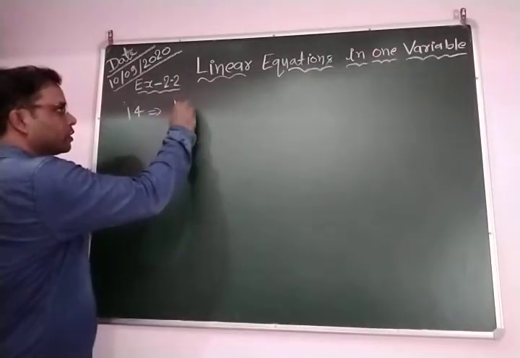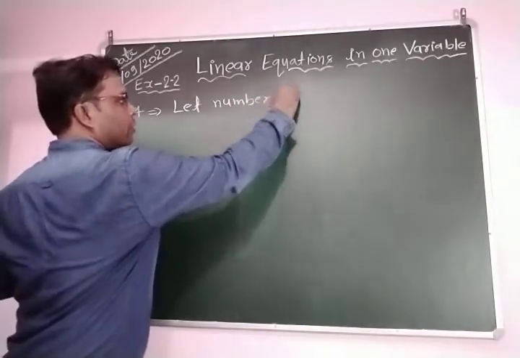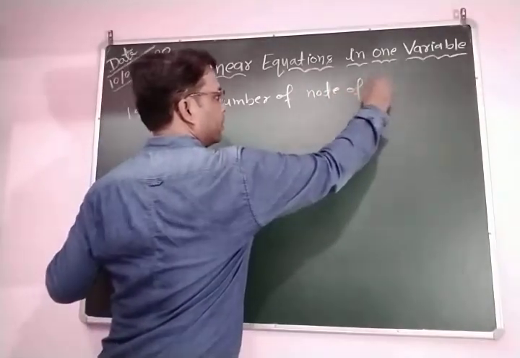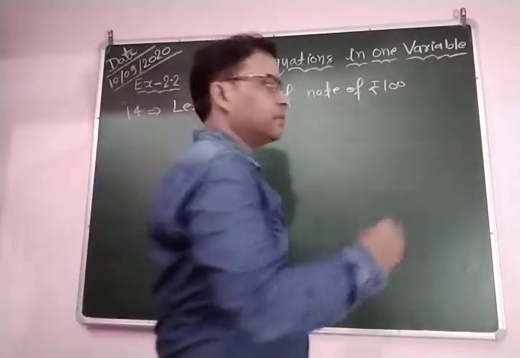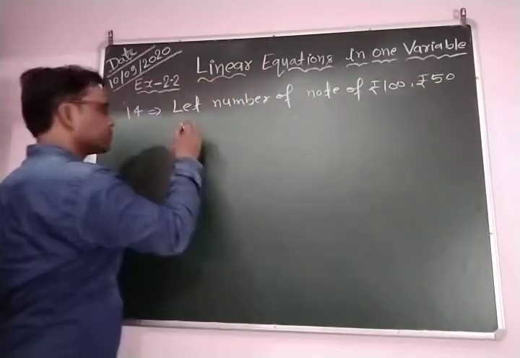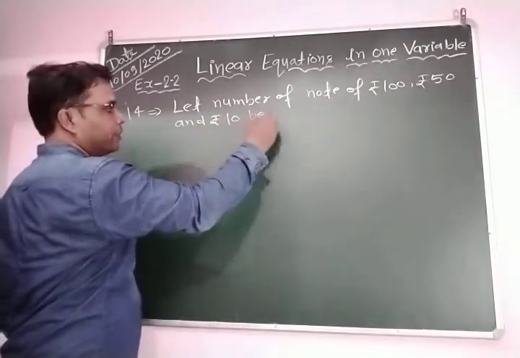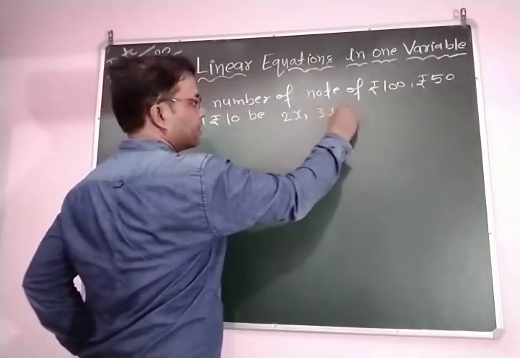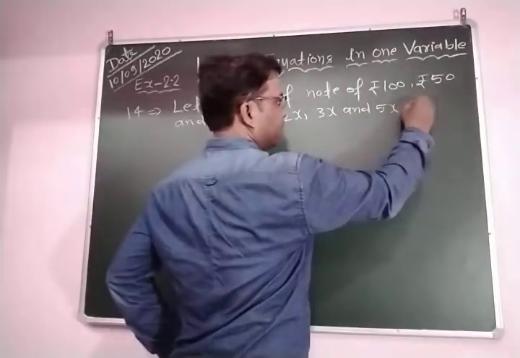Let the number of notes of rupees 100, rupees 50 and rupees 10 be 2x, 3x and 5x respectively.